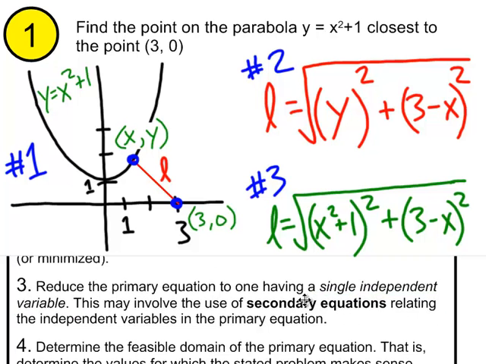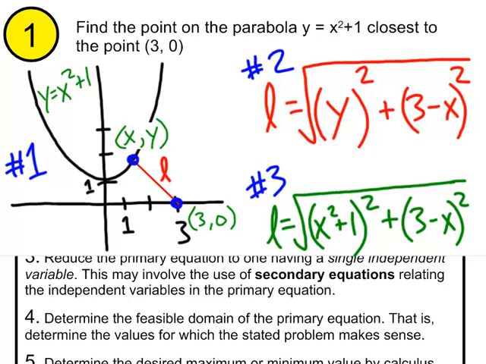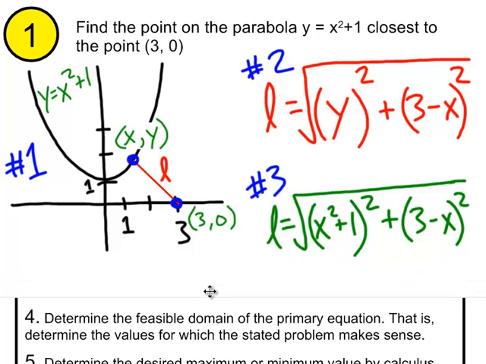All right, so step number 4, determine the feasible domain. As we're starting to pick up here, that step is one that often we can kind of afford to, if we forget, it won't be the end of the world. In this case, we're technically not constrained in any way. X can be any real number, positive or negative.